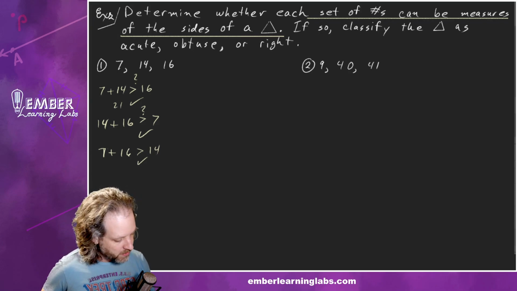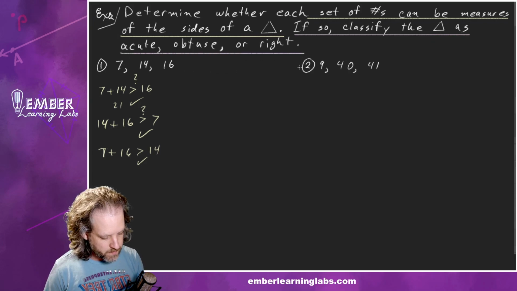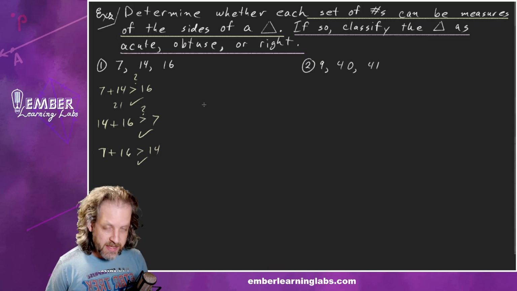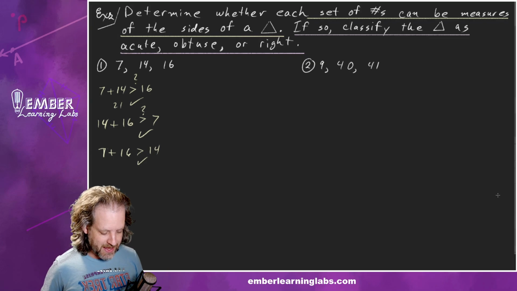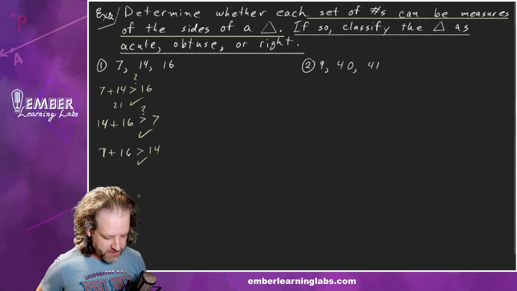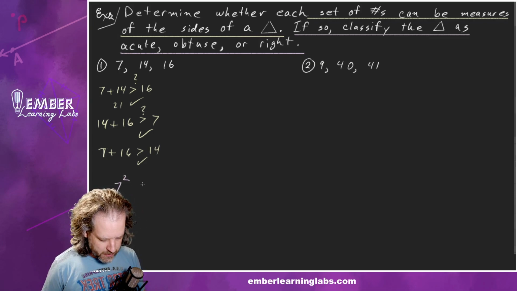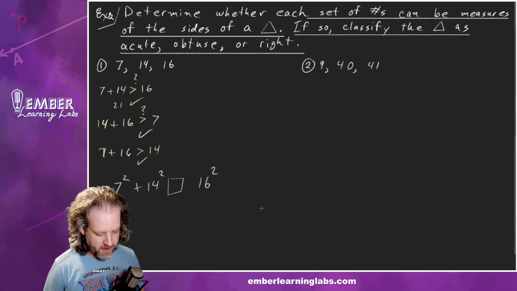So for this part, we're going to take the 2 smaller sides. Is the sum of their squares greater than the square of the largest one? So how does 7 squared plus 14 squared compare to 16 squared, right?